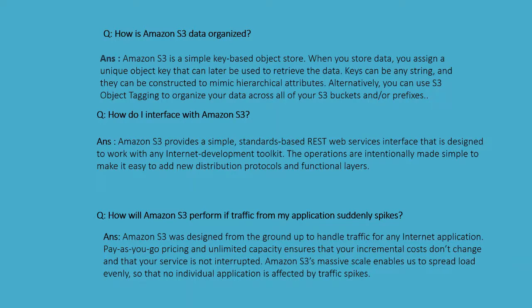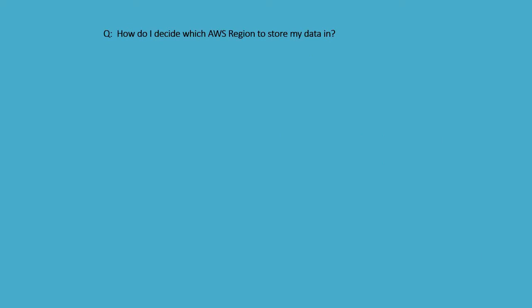Pay-as-you-go pricing and unlimited capacity ensure that your incremental costs don't change and that your service is not interrupted. Amazon S3's massive scale enables it to spread the load evenly so that no individual application is affected by traffic spikes.